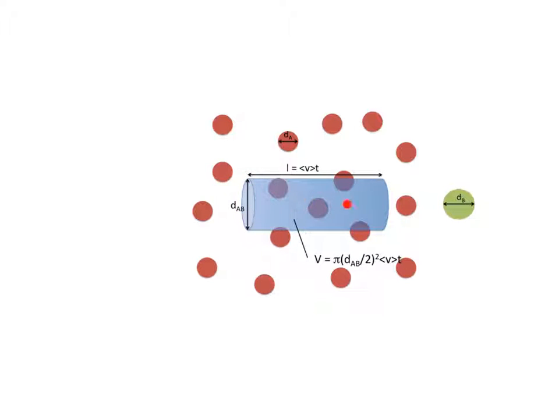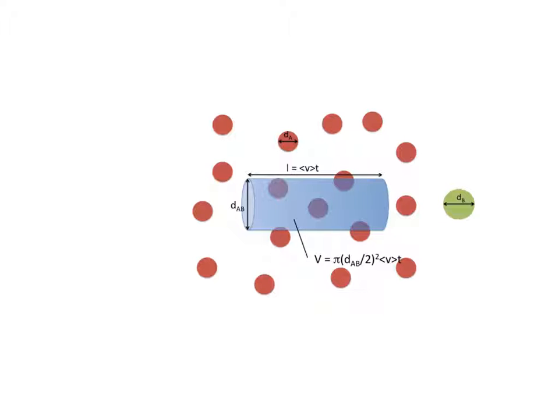The volume of a cylinder is equal to its cross-sectional area, pi times the radius squared, times its length. And so the volume of this cylinder is pi times the radius of the cylinder, which is dAB over 2, that radius squared, times the length, and we defined the length to be the velocity of the B molecule times 1 second, times time.